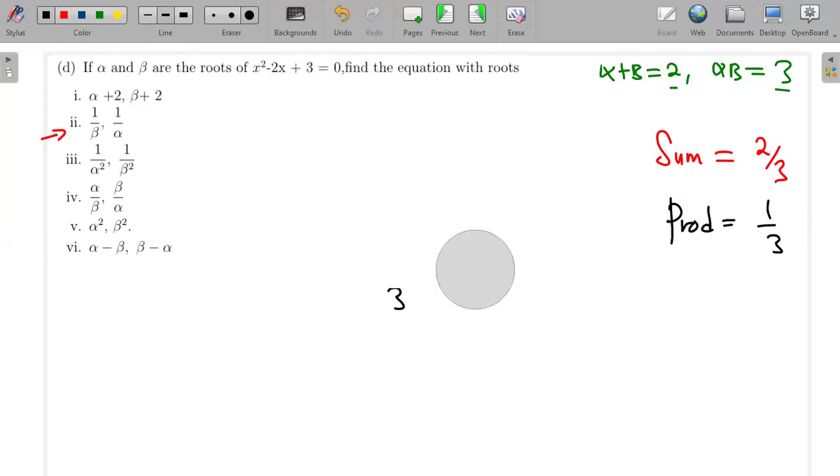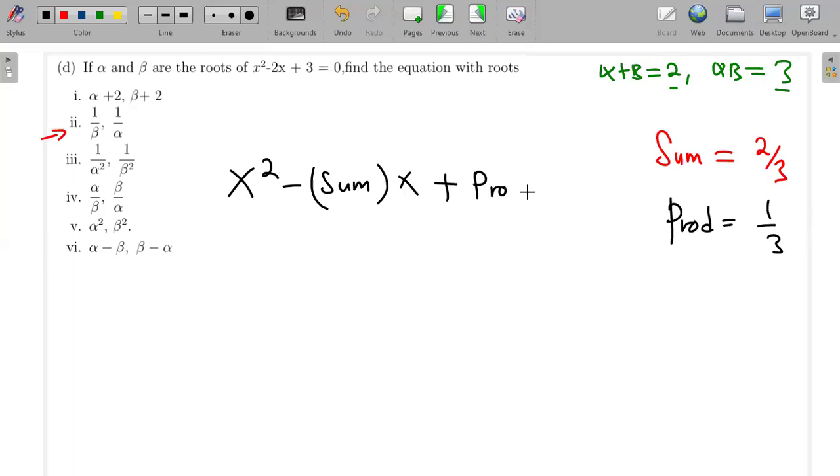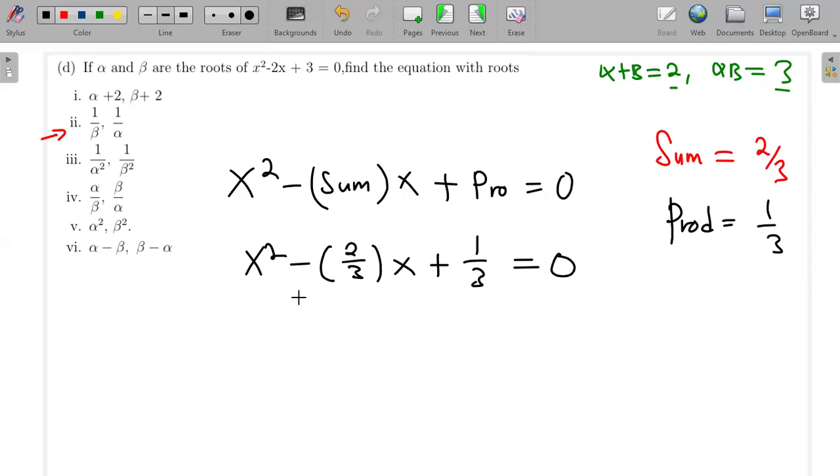Okay, so once we have the sum and the product, then we can find the new quadratic equation, which is always in this form. Okay, so x squared minus the sum, which is 2 over 3, times x, plus the product, 1 over 3, is equal to 0. Okay, so simply meaning we have x squared minus 2 over 3 x plus 1 over 3 is equal to 0.